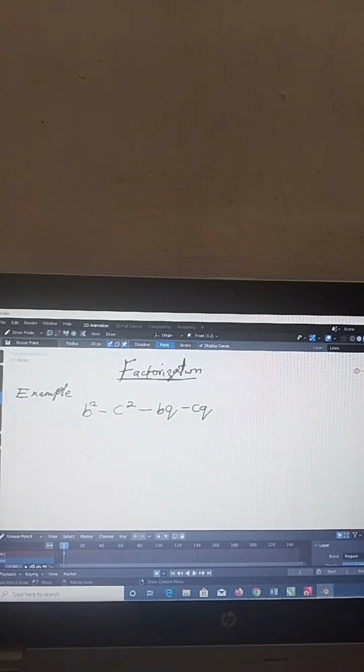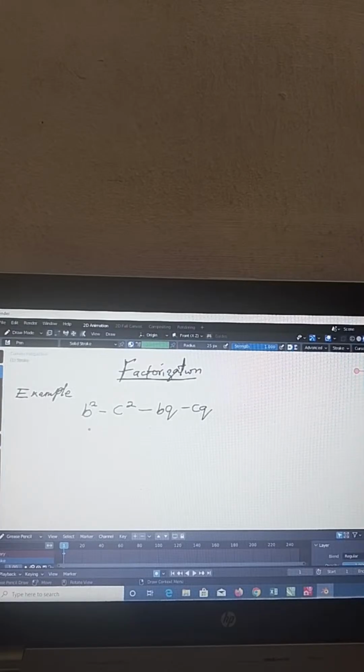Don't need to write the question again, just go ahead and factorize. Now these two, we can solve it using difference of two squares. So I will solve it using difference of two squares. What do I have? I have b plus c and b minus c.